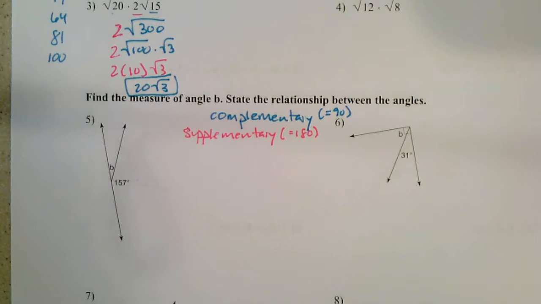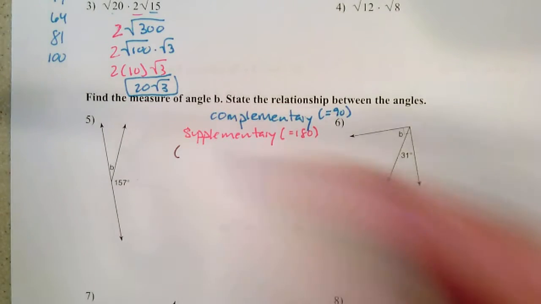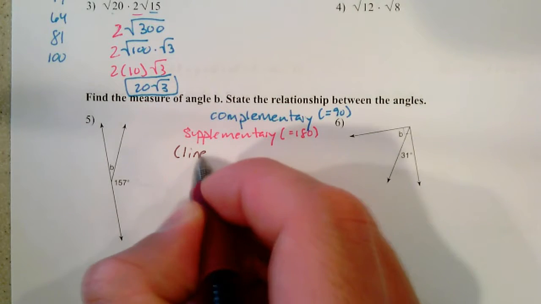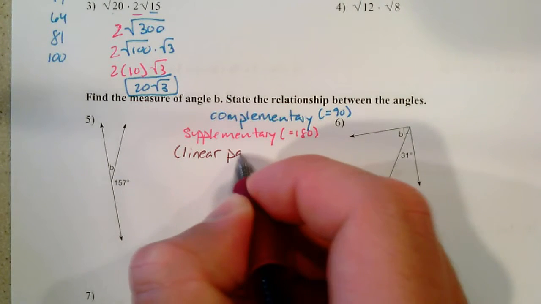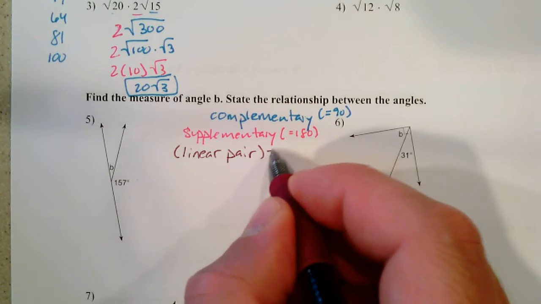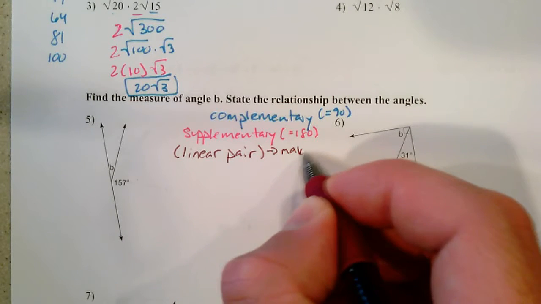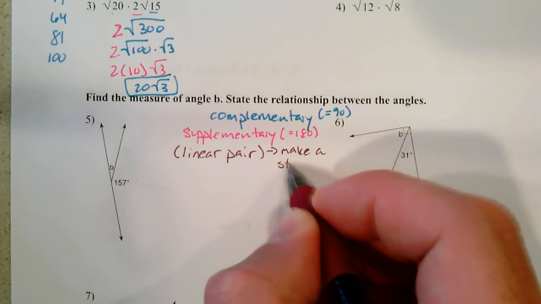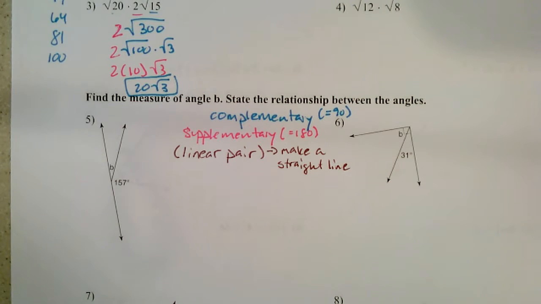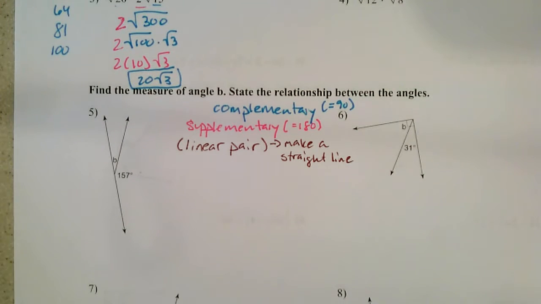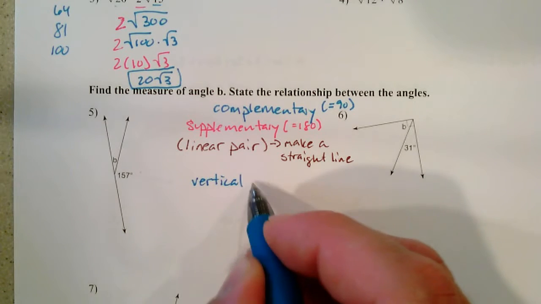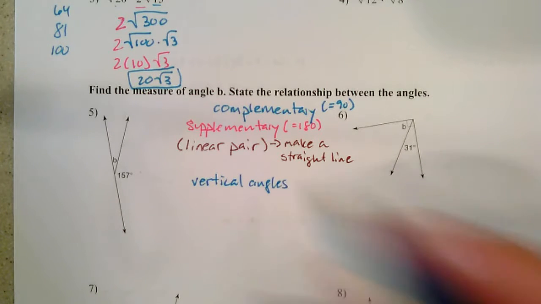Also, I'm going to put this underneath here. In this particular case, all the supplementary angles that we're going to deal with are a linear pair, which means that they make a straight line when you put them together. Or they're going to be vertical angles.